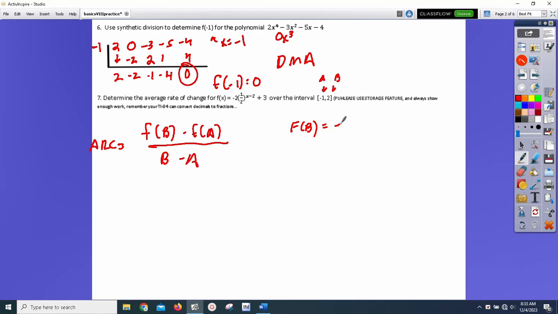And I'll write it out on paper. To find f of a, I'm going to plug in a negative 1. Now, it says, please use a storage feature. I'm going to let you use your calculators on this basics quiz.